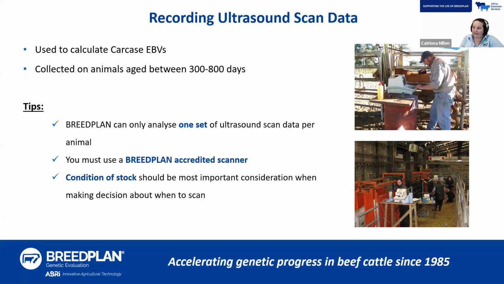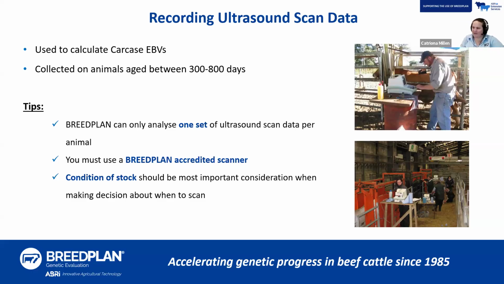When you are scanning, condition of stock should be the most important consideration when deciding should you be scanning. What we are ideally after is a minimum 5 mil, I think it is, rump fat and 3 mil rib fat as a minimum. And we also want those animals to have been on a rising plane of nutrition.